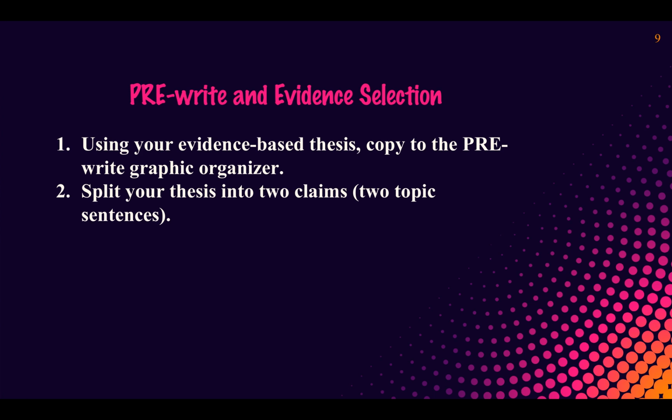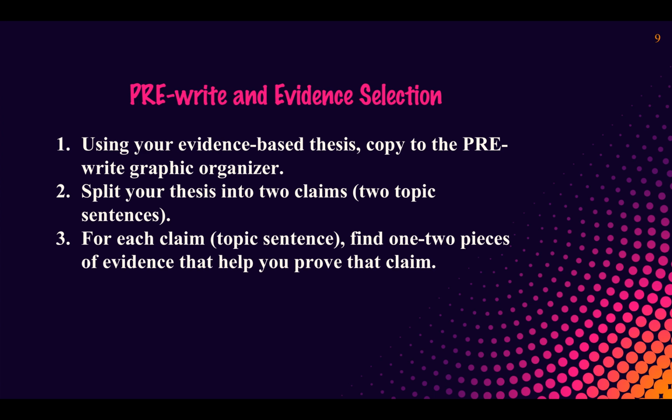Then split your thesis into 2 claims. So 2 topic sentences. Here is part A of my thesis, here is part B of my thesis. Moving on. For each claim, you want to find 1 to 2 pieces of evidence that help you prove your claim. Again, your claim is your topic sentence, which is part A or B of your thesis statement.